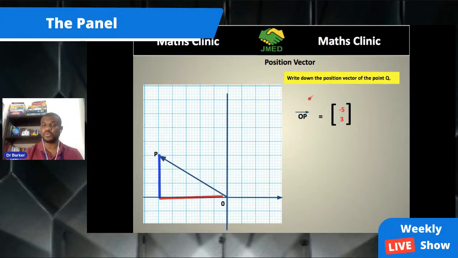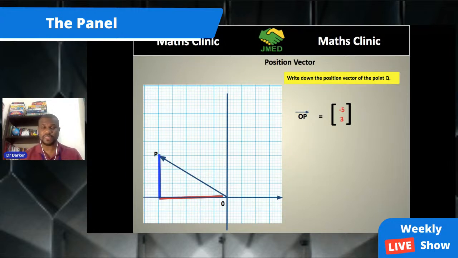The reason it's called a position vector, compared to the other ones we looked at, is that on a graph there was no way to know exactly where those were. That was what we call a free vector. The other ones were just lines on the graph. In this case, the vector OP is one specific line. There's only one line that is OP.